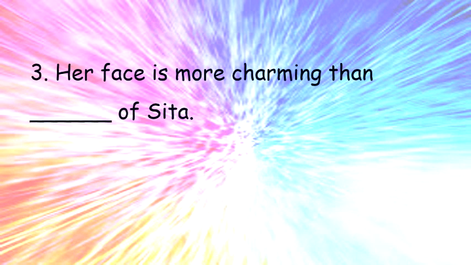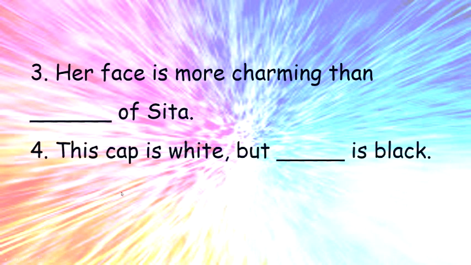Her face is more charming than dash of Sita. Now students, when you want to compare between two objects, then which word is used as a reference? Yes, see to it and write your answer. Number 4. This cap is white, but dash is black.